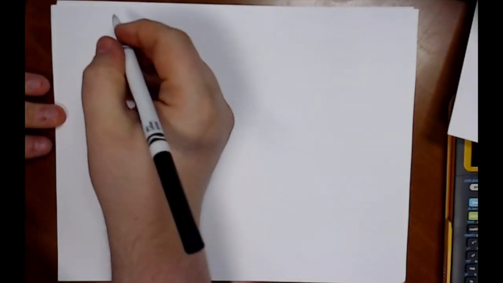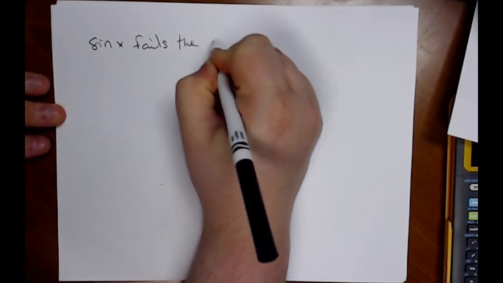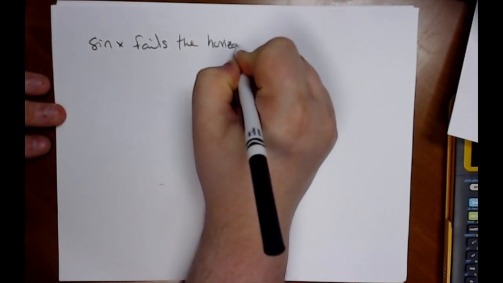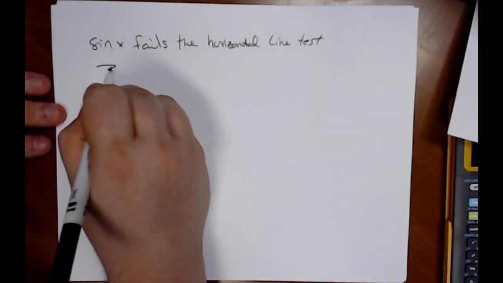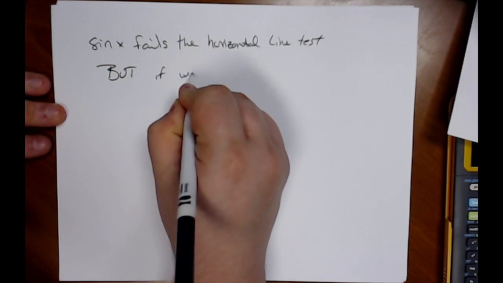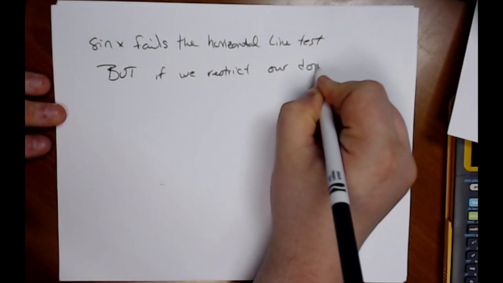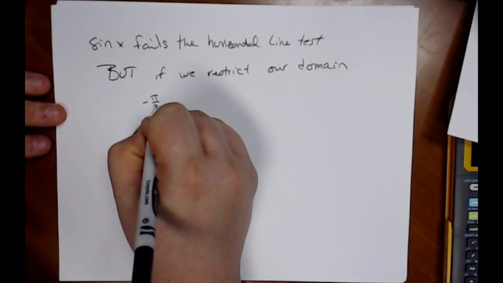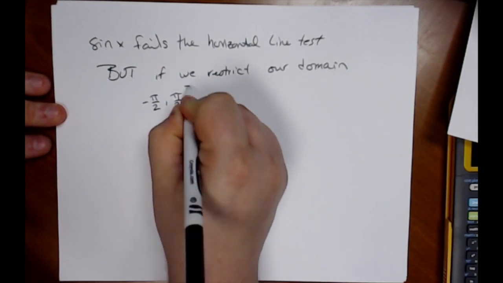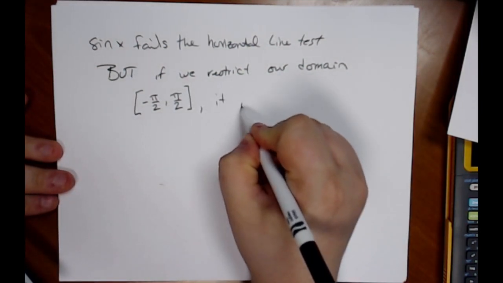So, we said that the sine of x fails the horizontal line test. But if we restrict our domain to be between negative pi over 2 and pi over 2 inclusive, it passes.